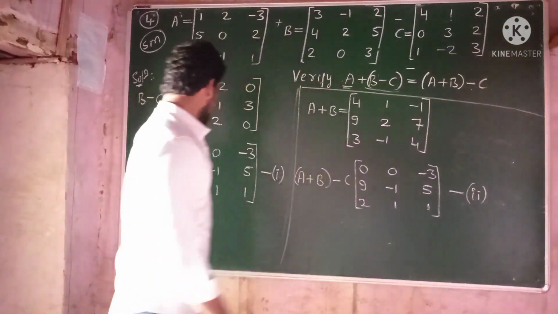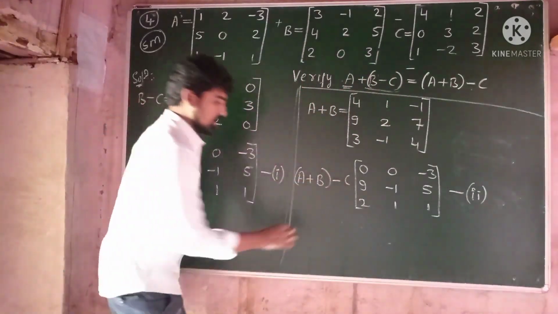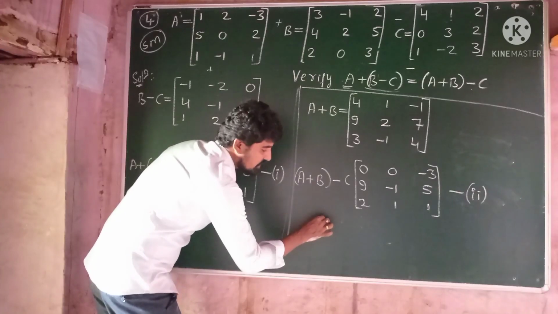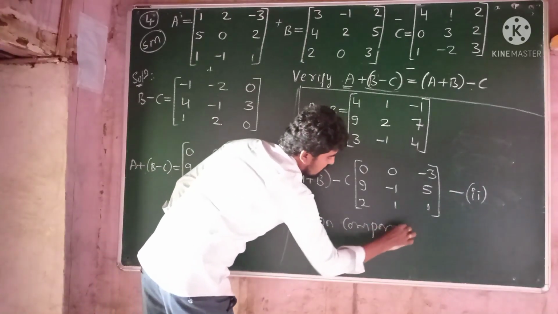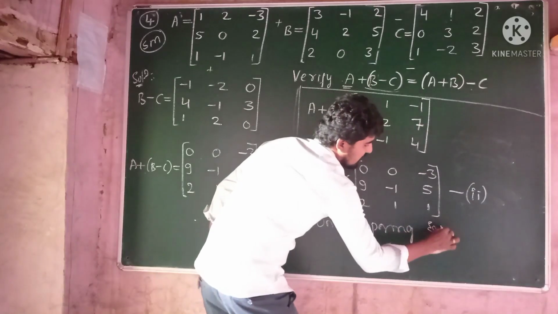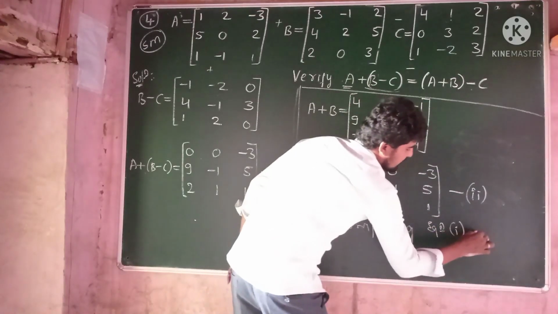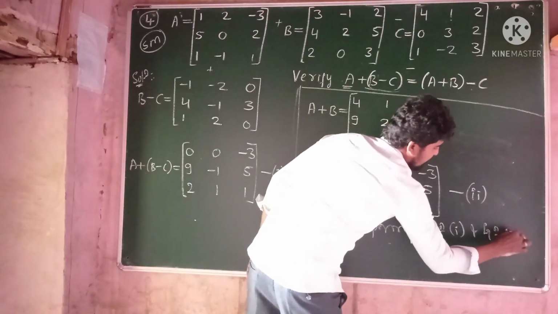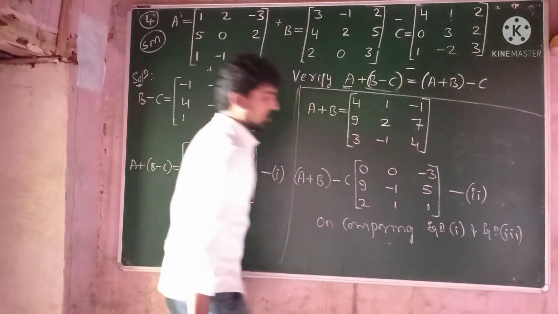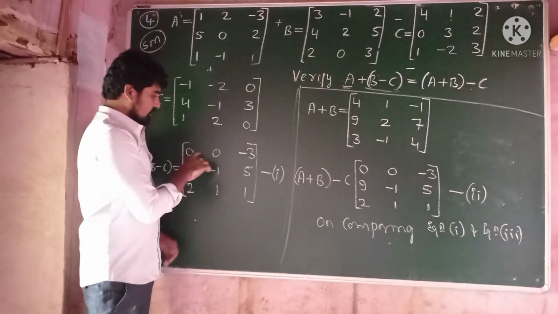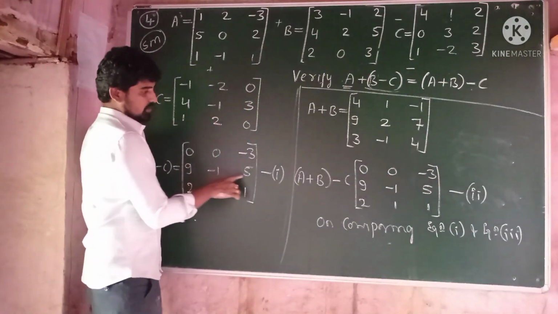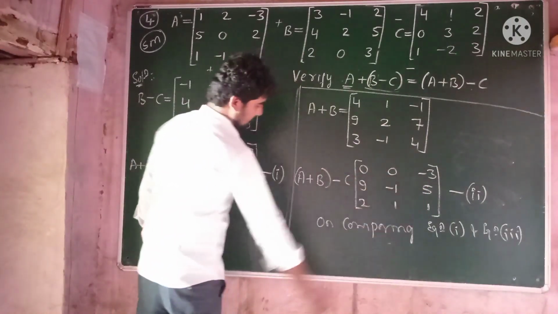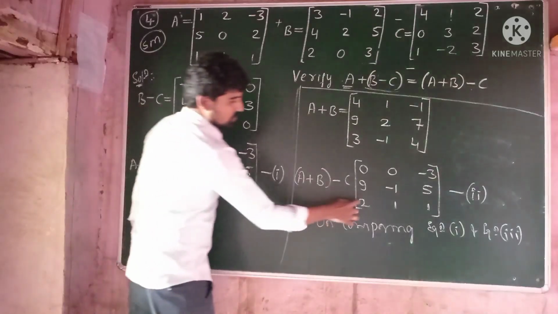Now on comparing equation 1 and equation 2, we conclude that 0 0 minus 3, here also 0 0 minus 3, 9 minus 1 5, 9 minus 1 5, 2 1 1, 2 1 1.